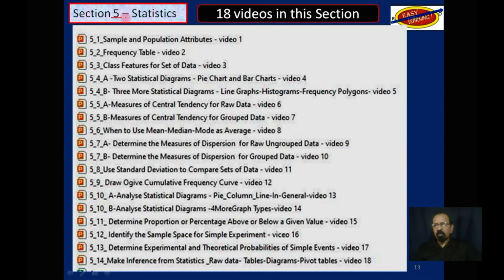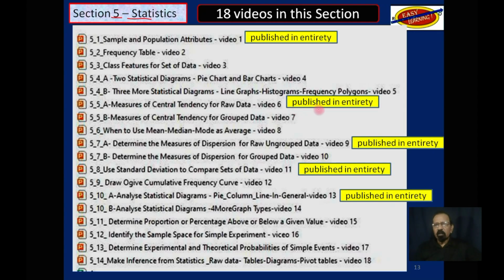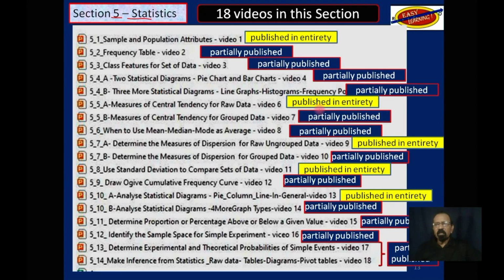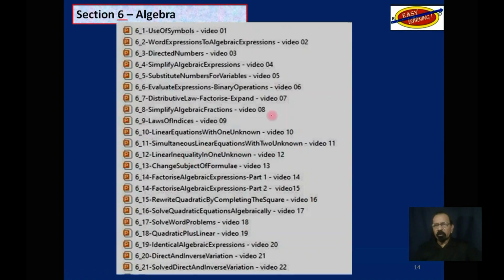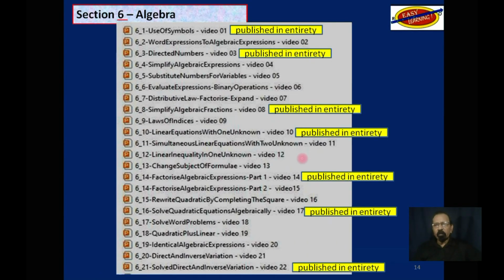Section 5, statistics, some published in their entirety, others only partially published. Please see directions in the description below for full access to these videos that are only partially published on YouTube. Section 6, algebra. These 7 videos are published in their entirety on YouTube.